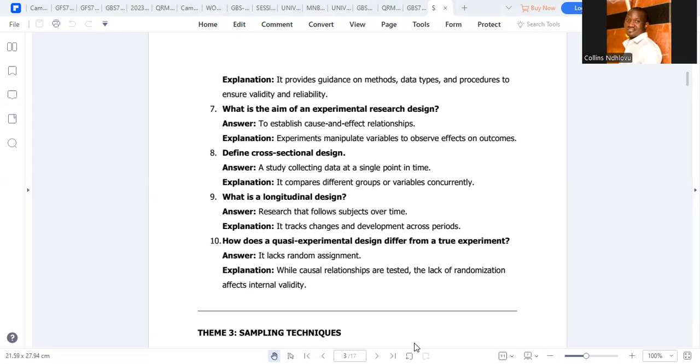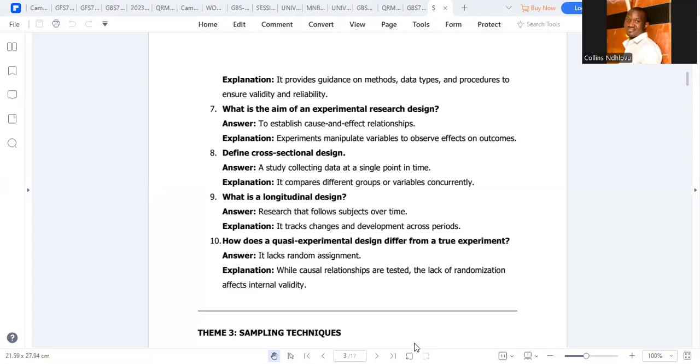It compares different groups or variables at the same time, mainly to identify patterns or relationships. Here data is collected at once. It gives you a snapshot of the population, making meaningful associations, but not establishing cause and effect. It is used to conduct a survey or observation.